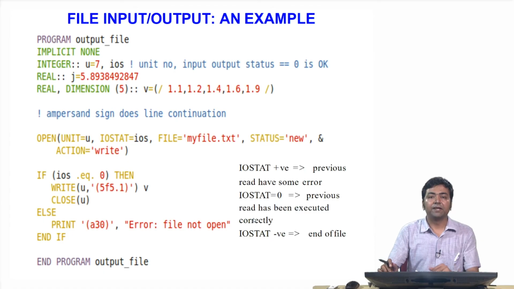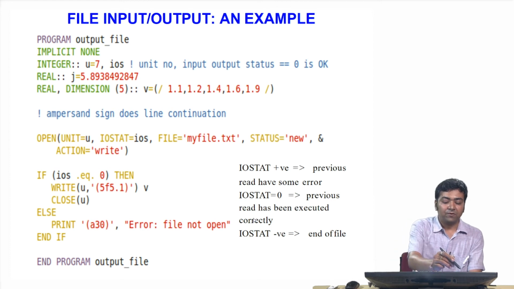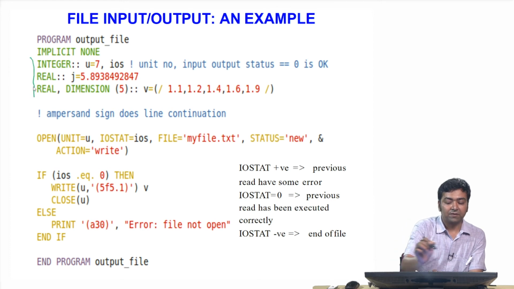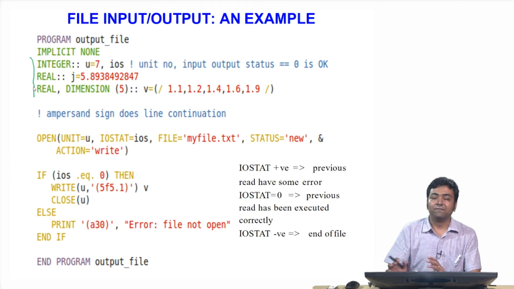So here we have an example of how to write in a formatted way into a file. These variables are the same numbers as in the previous example, but the difference is that previously we wrote on the screen, and here we will write to a file.